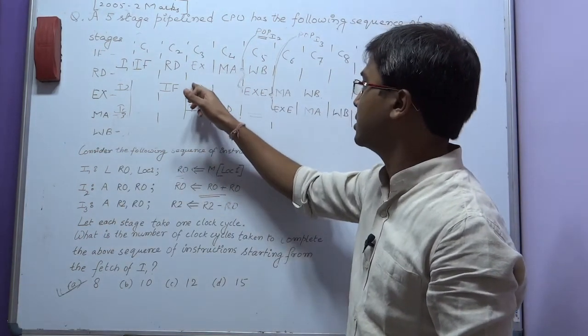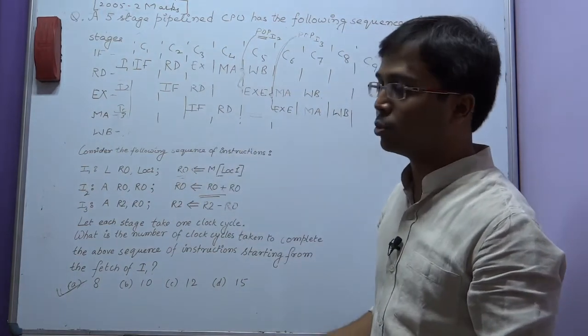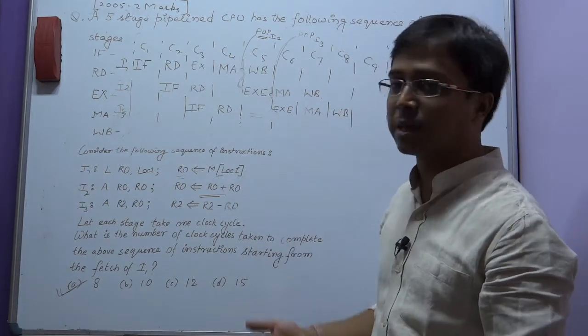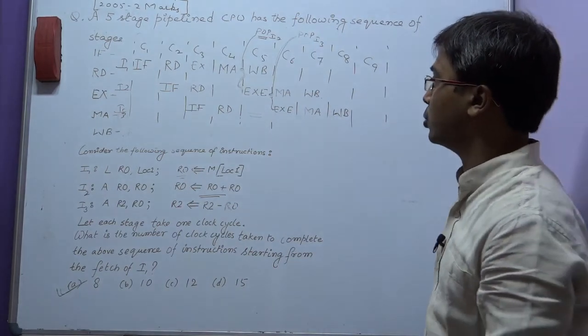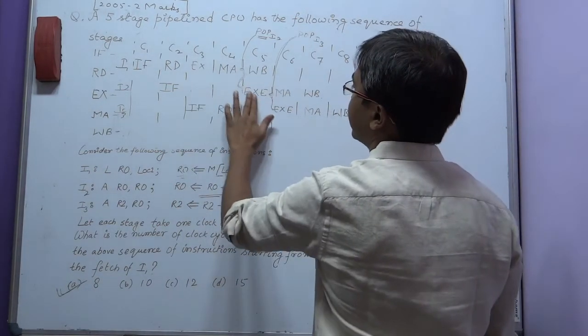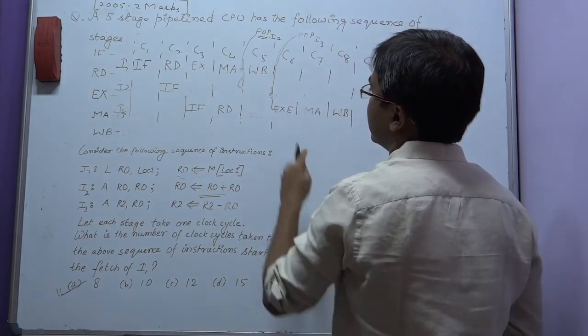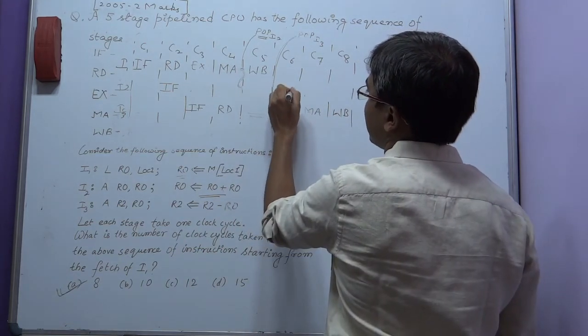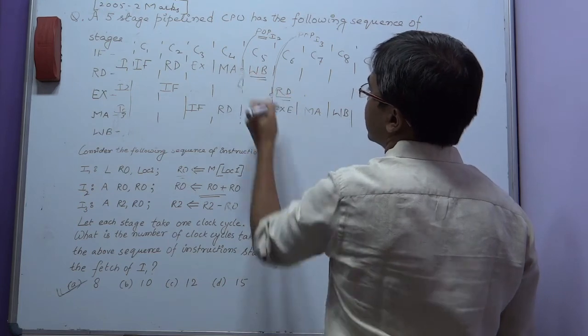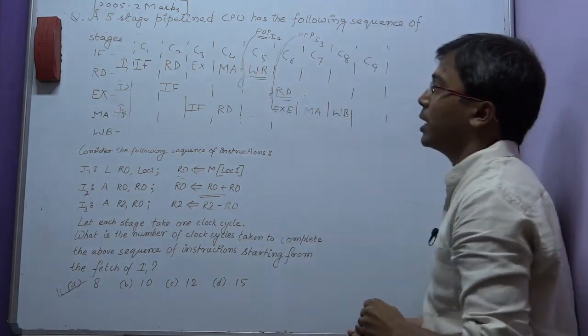So the register read would read some stale value of R0, right? So I2's RD stage has to wait till C6, till the new value has been written in R0 by I1.